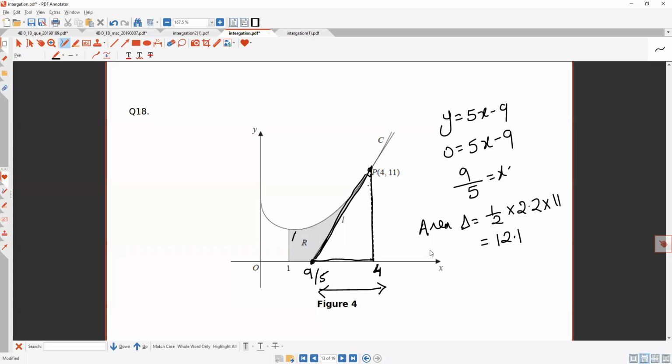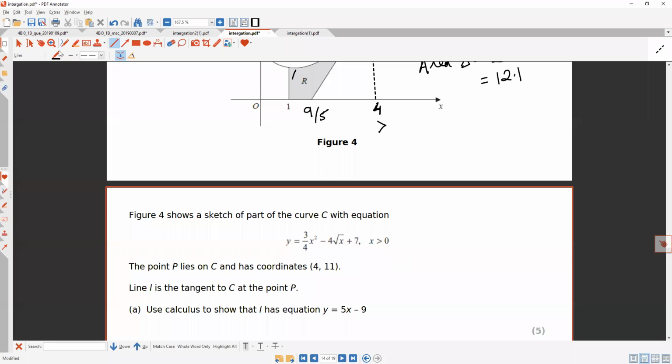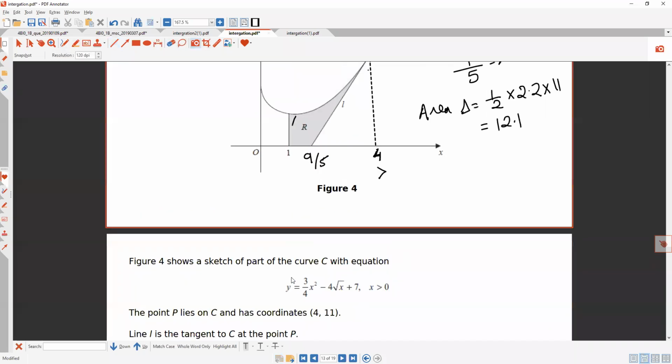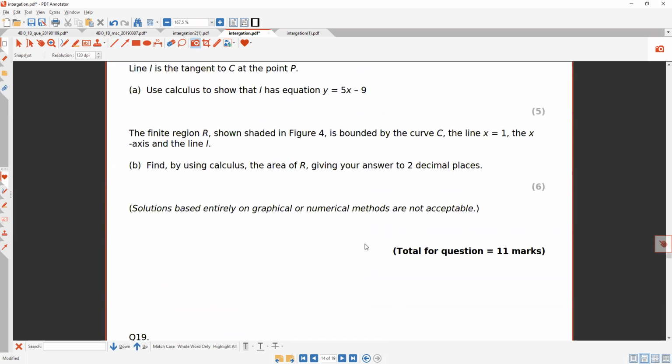Area of the triangle. Now let's find the area of the whole thing, the area under the curve. So that's only this area of the graph. Now we will integrate the whole thing. We need to integrate this particular equation over here. Do I have any space? Yeah, I think I have space. I need to integrate this. Did you already do the integration, or do we have to do it?